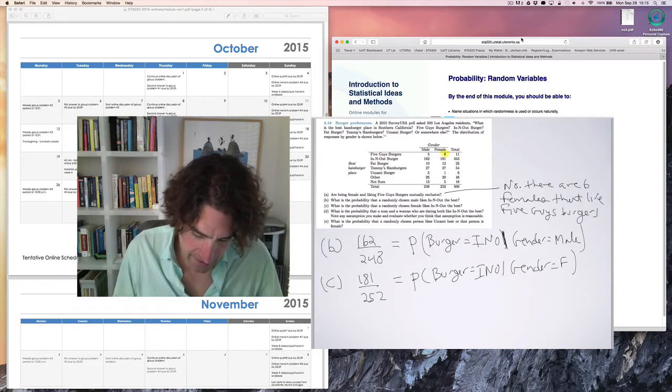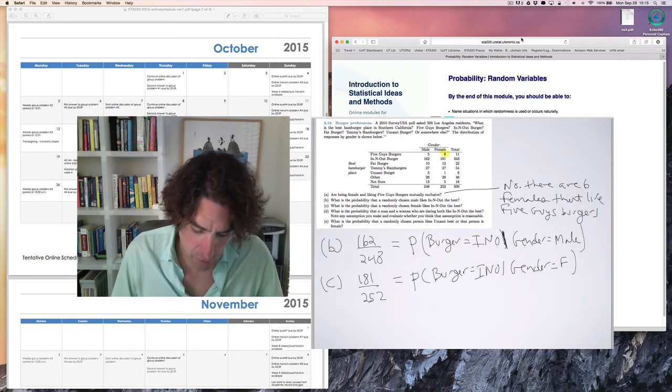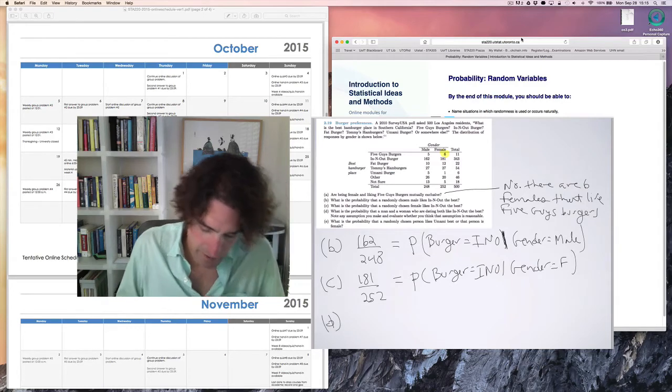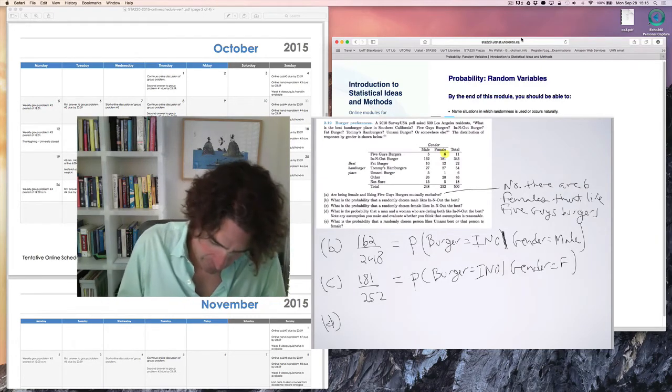For part D, what is the probability that a man and woman who are dating both like In-N-Out the best? Note any assumptions you make and evaluate whether you think this assumption is reasonable. Well, what we can do is multiply the two probabilities from parts B and C. So that would be 162 out of 248 times 181 divided by 252.